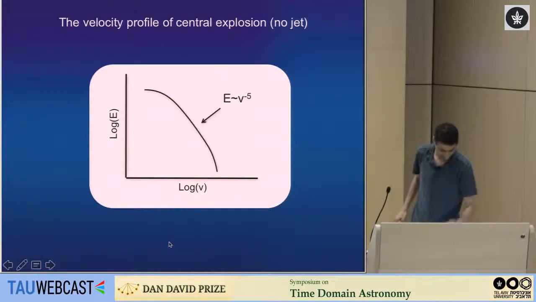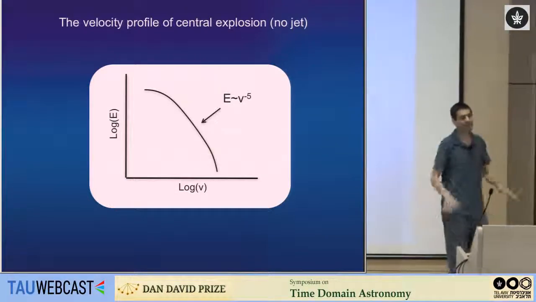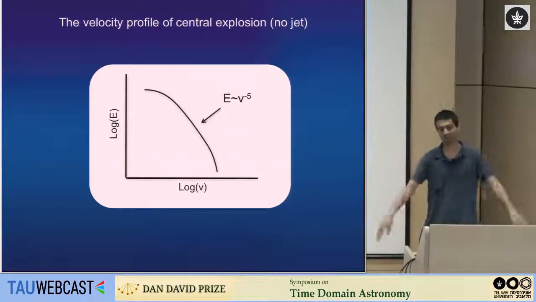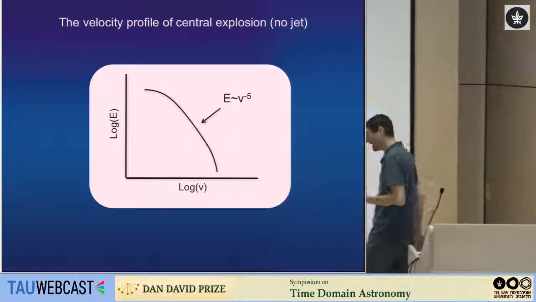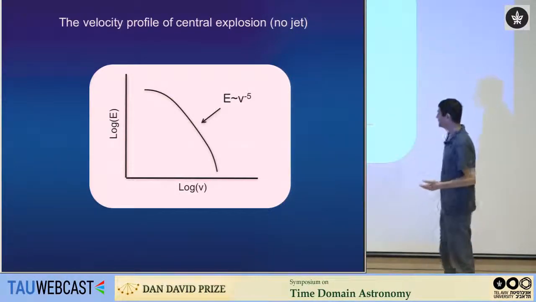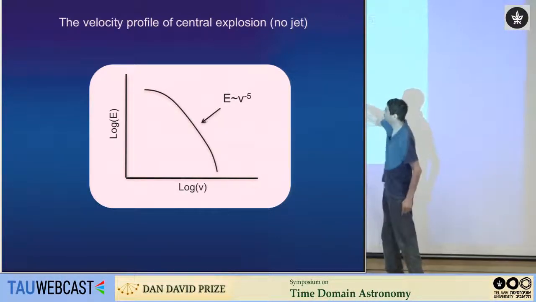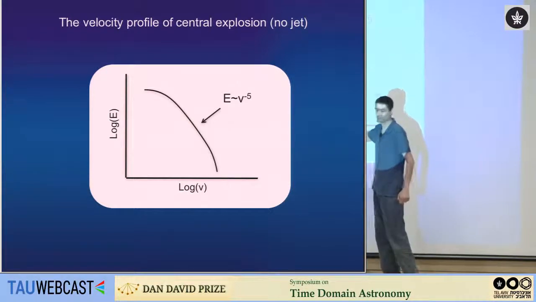So, yeah. One of the things that can be done when we have an early spectrum is by looking at the lines and seeing the velocity of the line, it's possible to estimate how much material is moving at which velocity. And then at the end, one thing that can be constructed is this distribution of energy as a function of velocity.